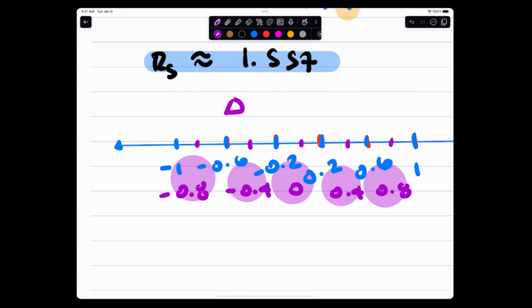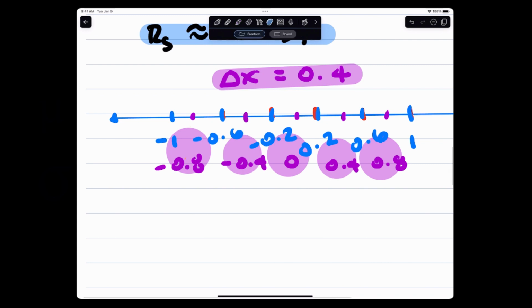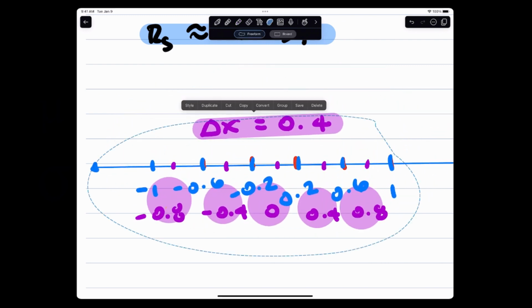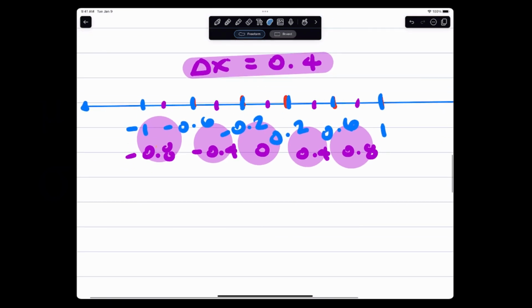You say why? Because isn't delta x, that distance, 0.4? So the distance between every one of these points is 0.4. So I can just simply use my delta x. And very often that's what I do personally.